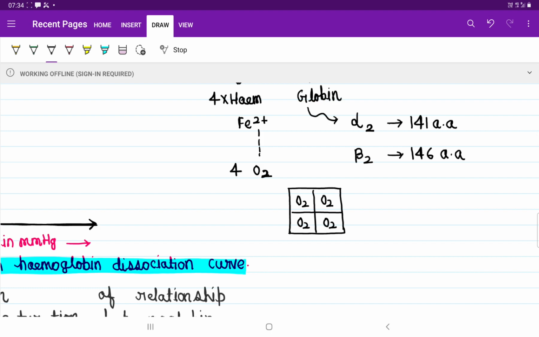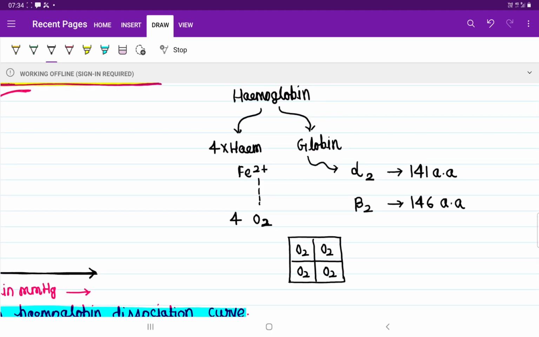When all the oxygen are bound, I can say this hemoglobin molecule is saturated with oxygen.